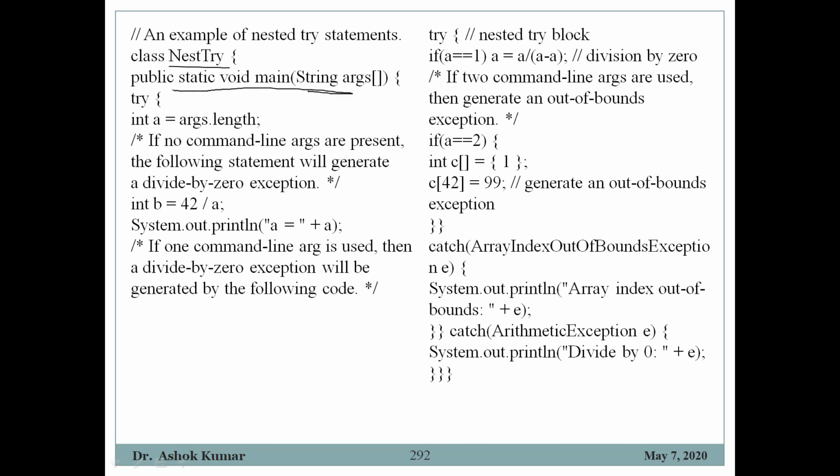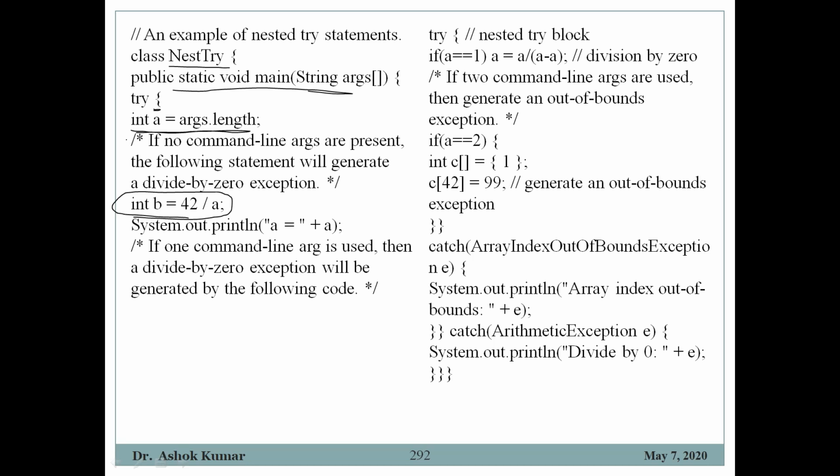In the main, you have a try block. In the try block, we are finding the length of the command line argument args. So it can be 0 as we discussed earlier. Then we are performing 42 by a. So this will generate the exception, right?